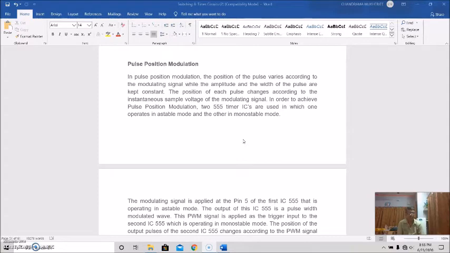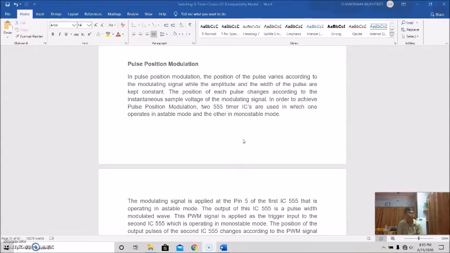And in order to achieve pulse position modulation, we have to use two 555 timer ICs, in which one operates in Astable mode and the other in monostable mode. Since we are already familiar with the different multivibrator circuits using op-amp, that is Astable, monostable and bistable, we know their operations and functions.